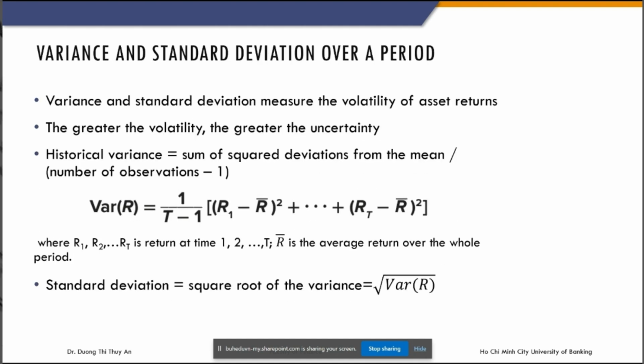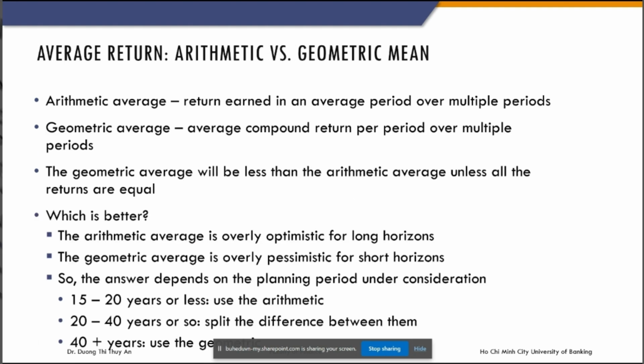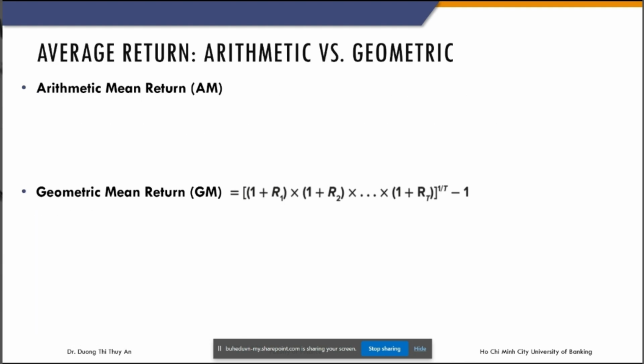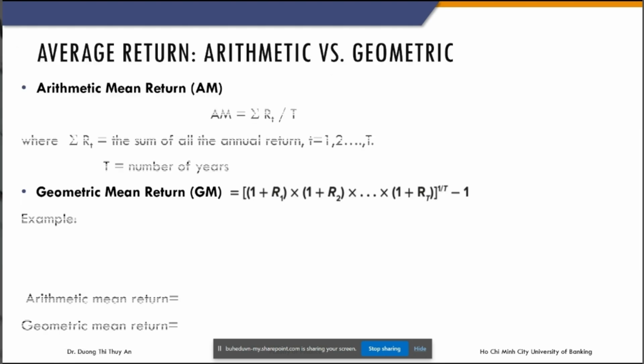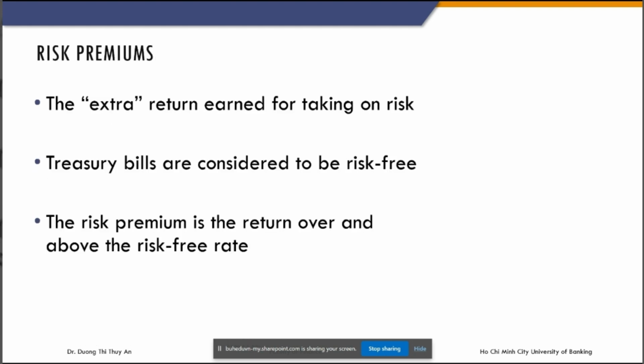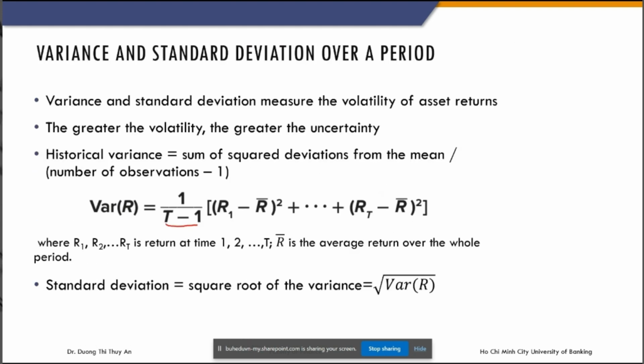But please notice that in this variance, we divide by n minus 1. In my example, I use n, and I don't subtract 1. So you can adjust it here; it doesn't change anything much.